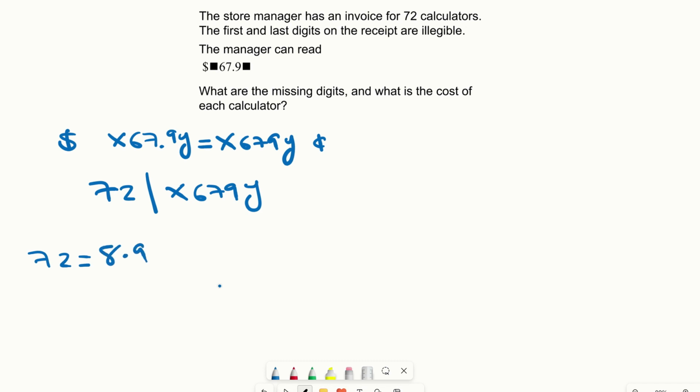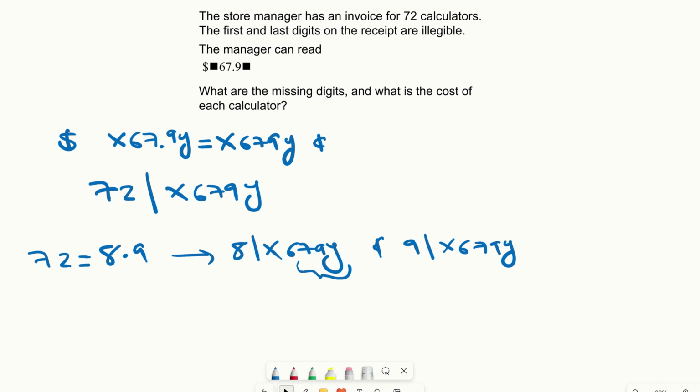So what does that tell you? That tells you that both 8 should divide this number and 9 should divide the number. Now, what does it mean for the number to be divisible by 8? That means these last 3 digits, right, should form a number that is divisible by 8.